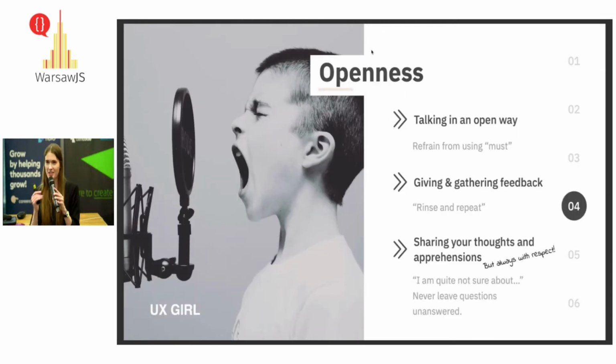And the next thing that is quite important is openness. You probably know or have heard in some workshops what it means to talk in an open way. Talking in an open way means that not everything is set in stone.